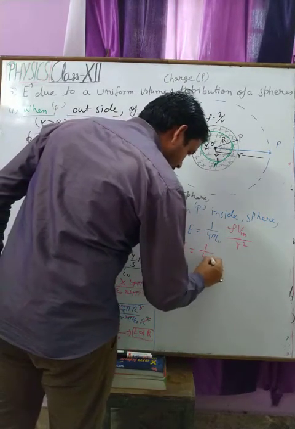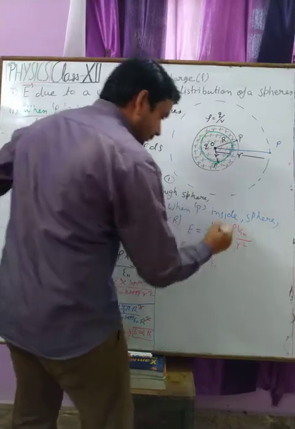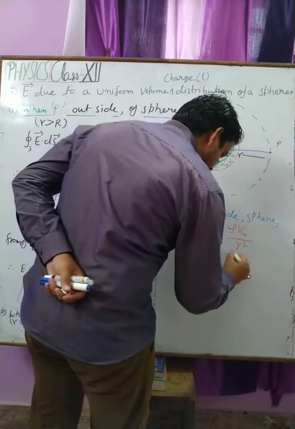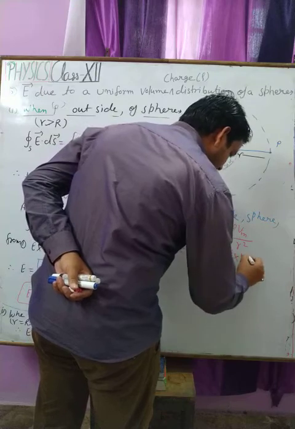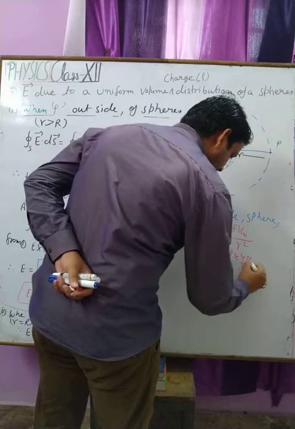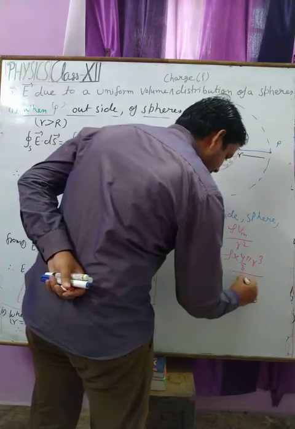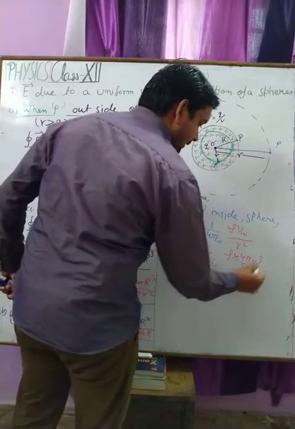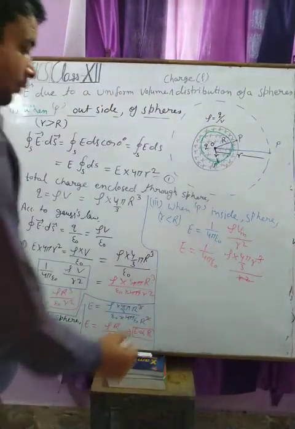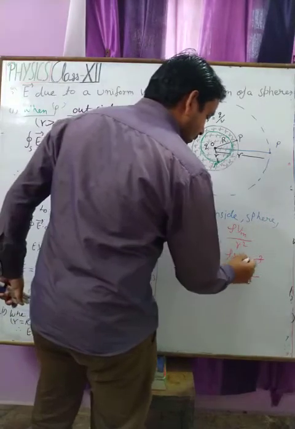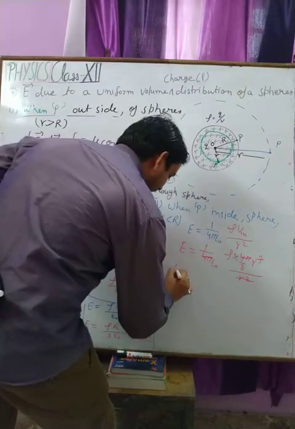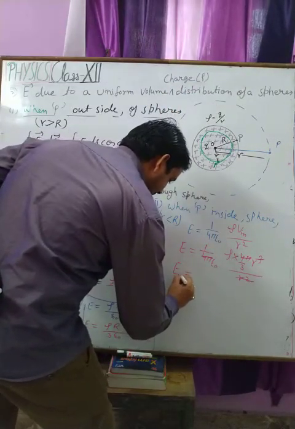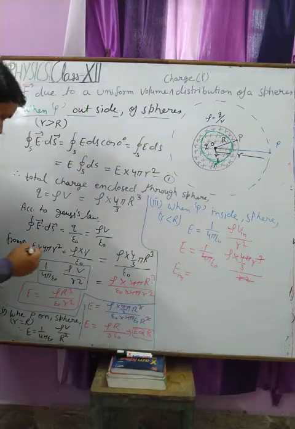1 upon 4 pi epsilon naught. This value is equal to rho into 4 by 3 pi small r cube upon small r square. So you all know this is cancelled by this. Okay, and this 4 pi is also cancelled by this. So you are getting the electric field inside. ये inside हो गया.